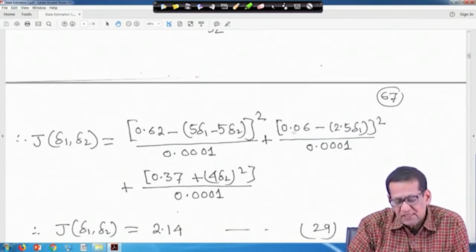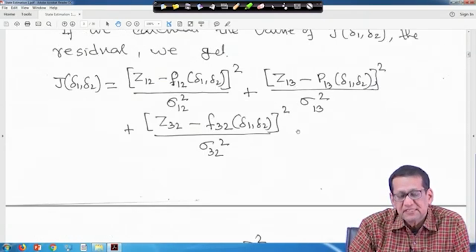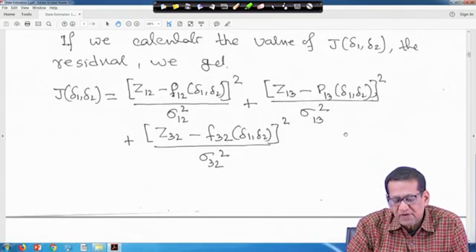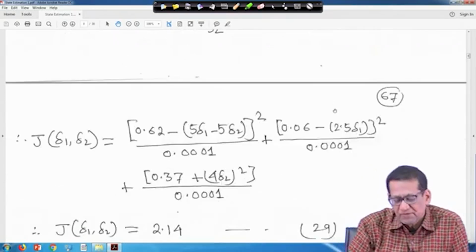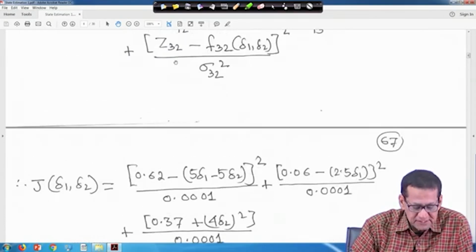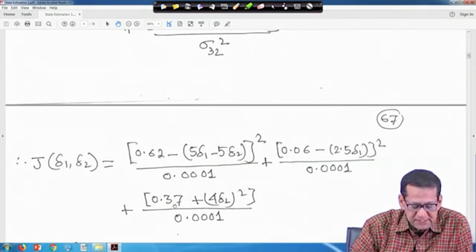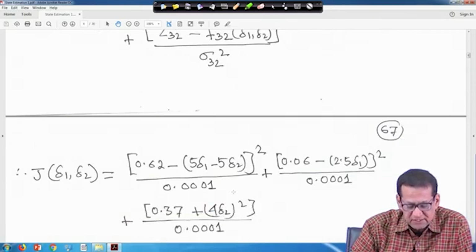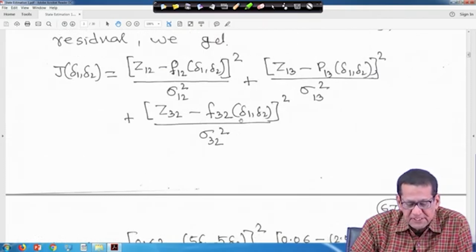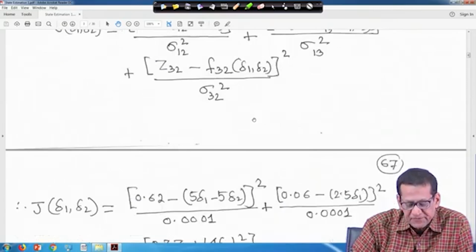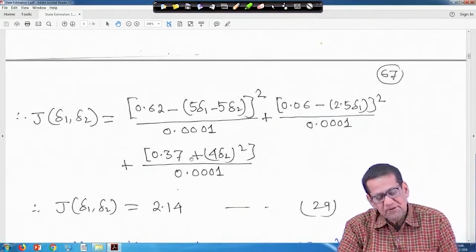This whole quantity is squared. Then Z13, that is the W13 meter reading 0.06, minus 2.5 delta 1, because P13 is 2.5 delta 1, whole squared, plus Z32, which is 0.37 minus F32. F32 and P32 are the same, so there also it is actually minus 4 delta 2, so it is minus plus 4 delta 2.